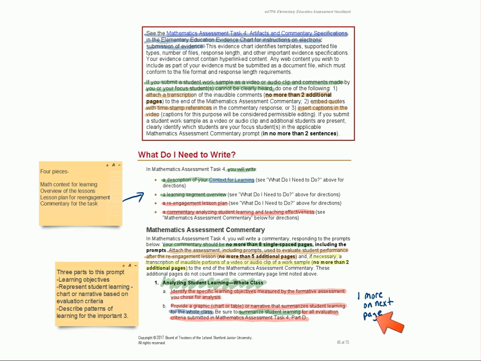Now the one that's on the next page is going to be asking you to write about patterns of learning. All right, for the important 3. And the important 3 are conceptual understanding, procedural fluency, and mathematical reasoning and problem solving. All right, so let's get to that one that's left over on the next page.